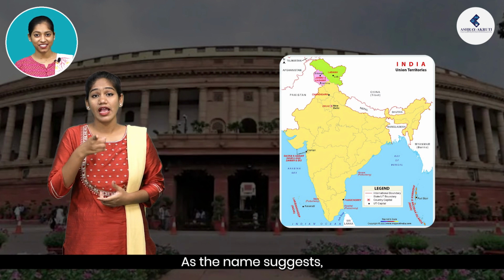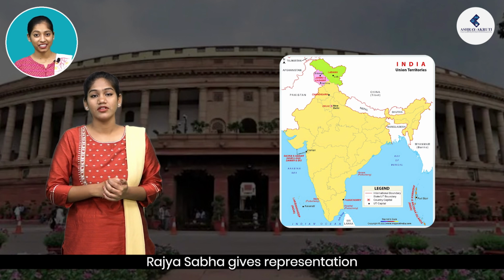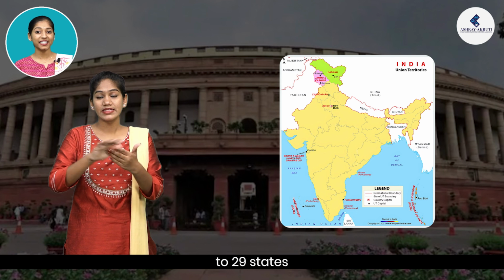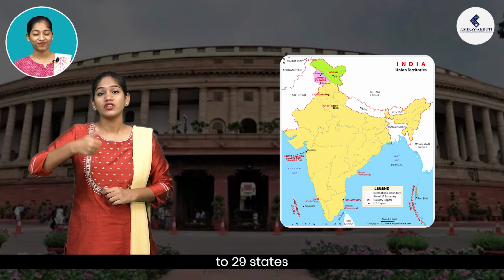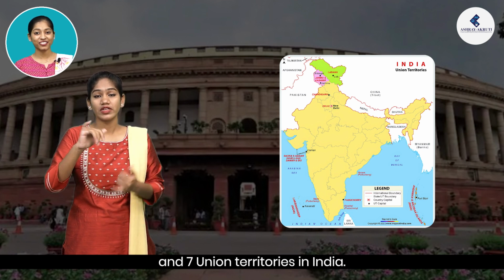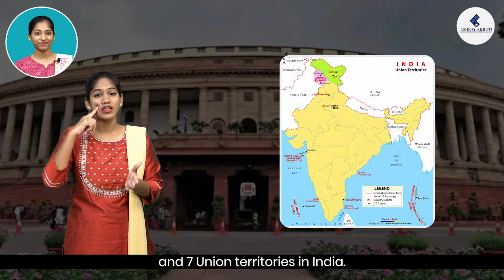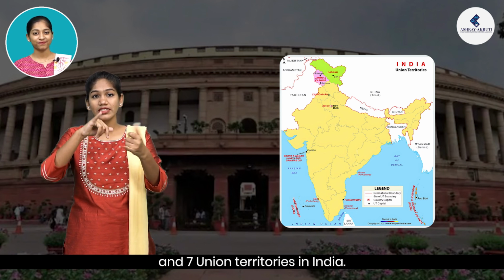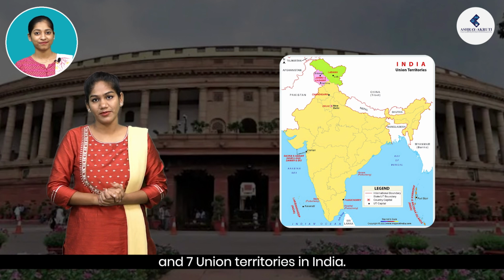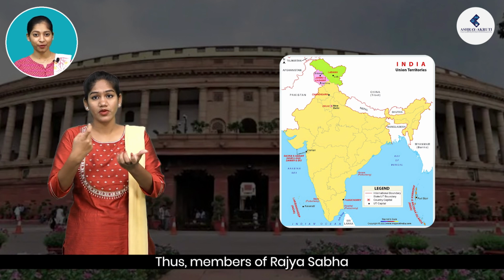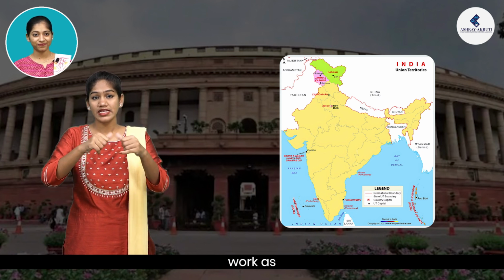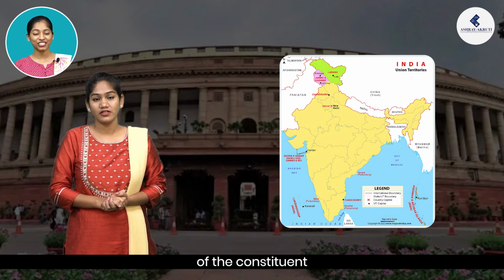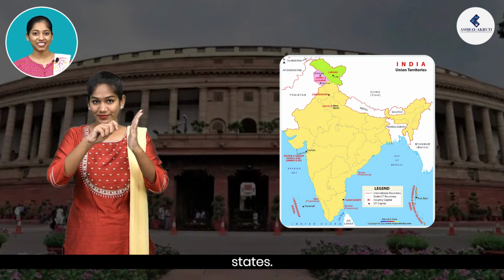As the name suggests, Rajya Sabha gives representation to 29 states and 7 union territories in India. Thus, members of Rajya Sabha work as representatives of the constituent states.